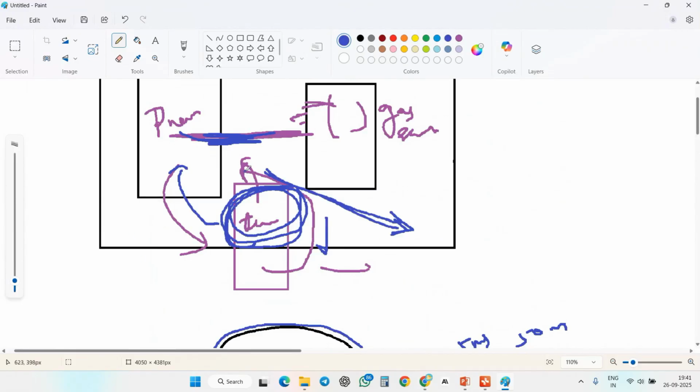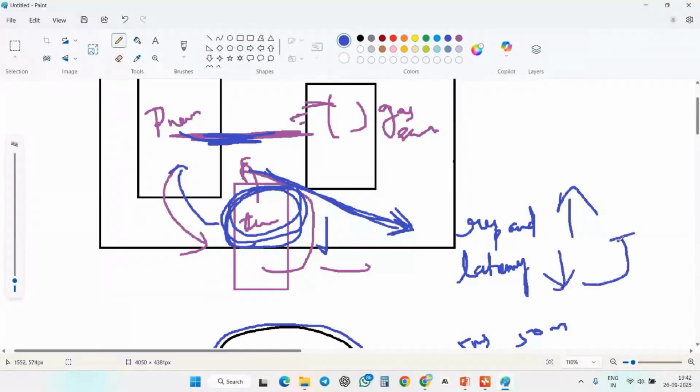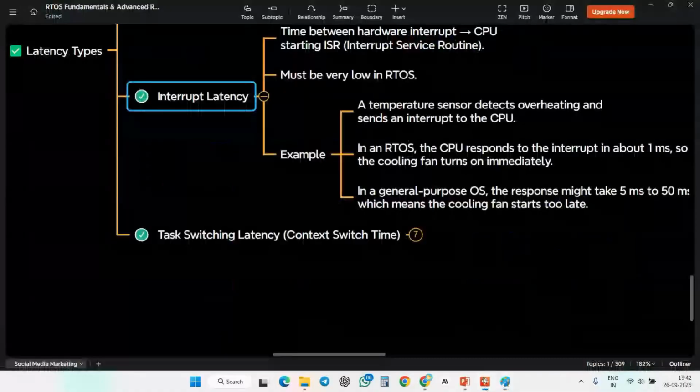Interrupt is happening, and the interrupt response should be very quick. The interrupt latency should be low and the response should be high. Only if you have low latency can you get a quick response. Otherwise, the response will not be very fast.